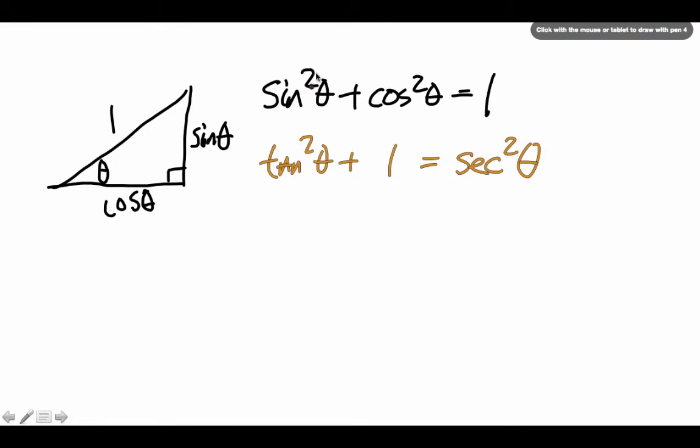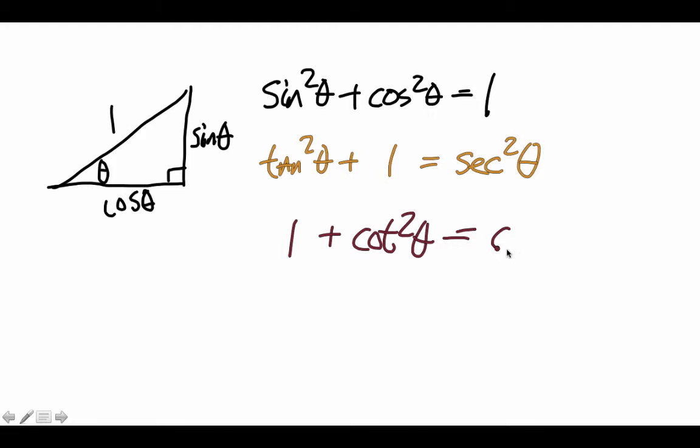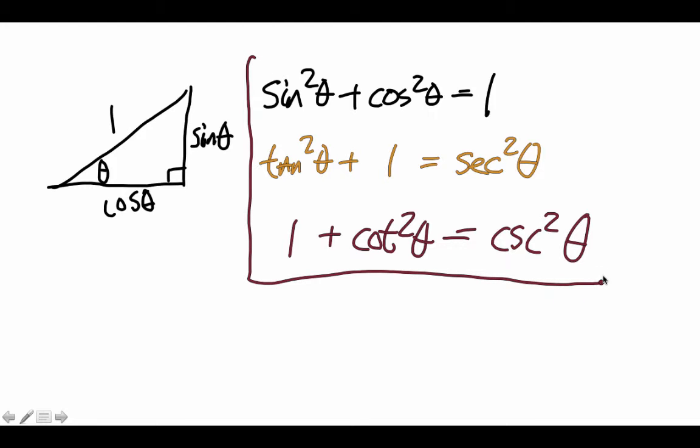The last one, divide this by sine squared and get 1. Divide this by sine squared and get cotangent squared theta. Divide this by sine squared and get cosecant squared theta. These three equations we need to memorize. They are called the Pythagorean trig identities.